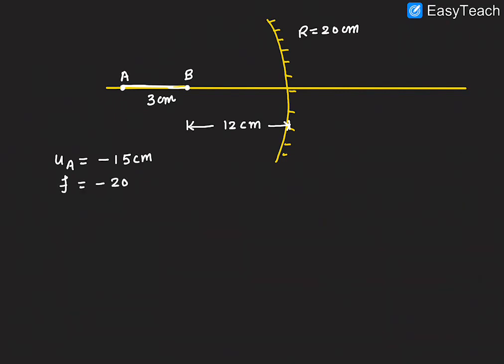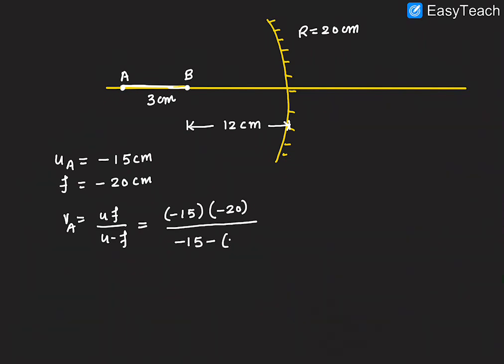So using the formula UF divided by U minus F, U is your minus 15 centimeter and the F is your minus 10 centimeter (the focal length is minus 10 centimeter, make a correction here), divided by U is minus 15 minus focal length.